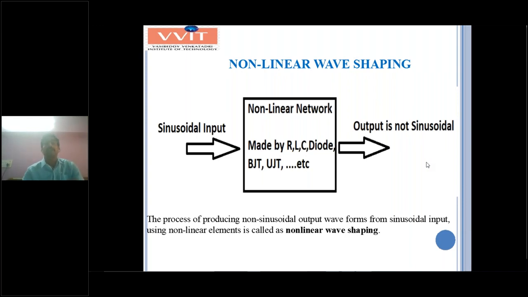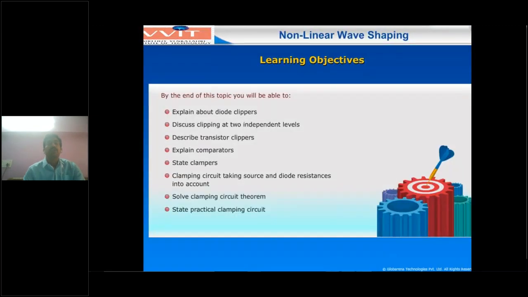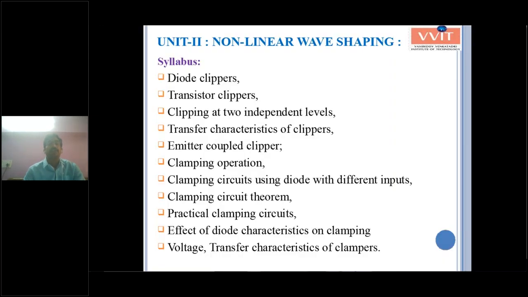Now you apply a sinusoidal input, then you get a non-sinusoidal waveform as output. So the process of producing a non-sinusoidal output waveform from a sinusoidal input using non-linear elements is called non-linear wave shaping circuits.